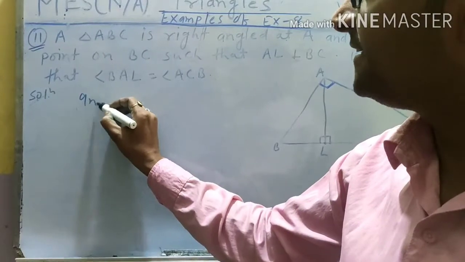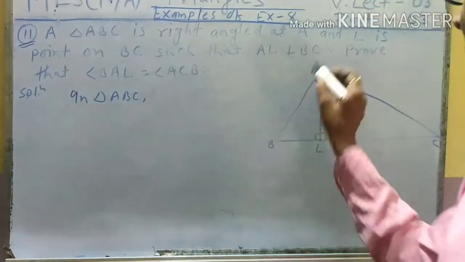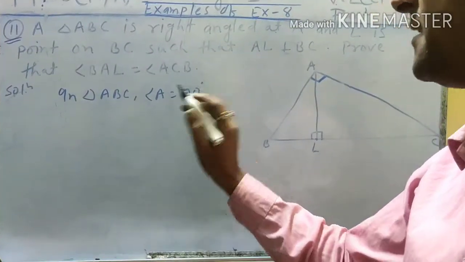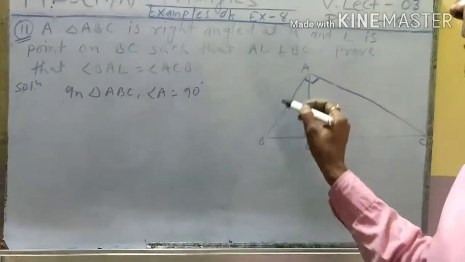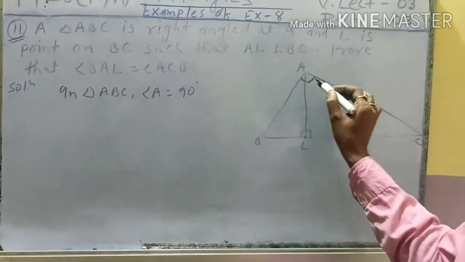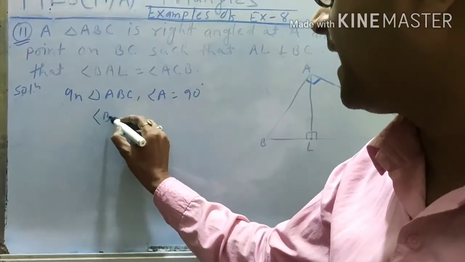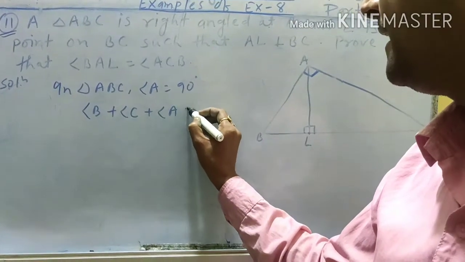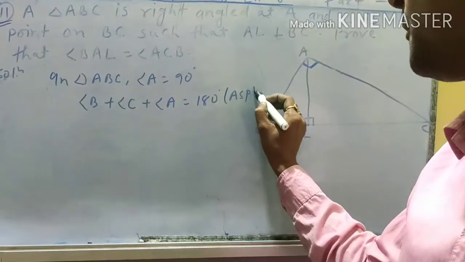Here students, in triangle ABC, angle A is equal to 90 degrees. This information is given. We know that the sum of all angles of a triangle is 180 degrees. So here students, we can say angle B plus angle C plus angle A is equal to 180 degrees by ASP, angle sum property.